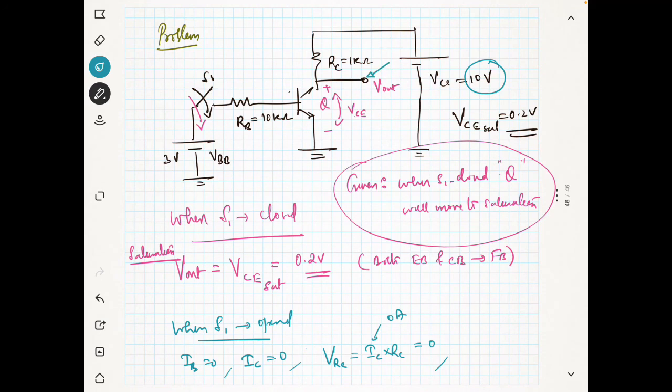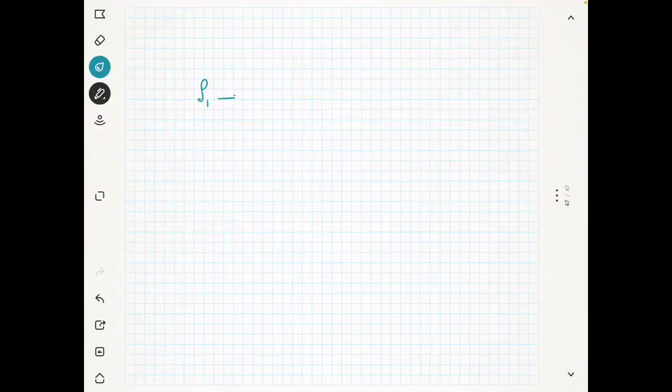So whatever you have, 10 volt here, it will appear at V out, because the voltage drop is 0 volt when the switch S1 is opened. So we will get VCC as the V out. So V out will be equal to 10 volt.